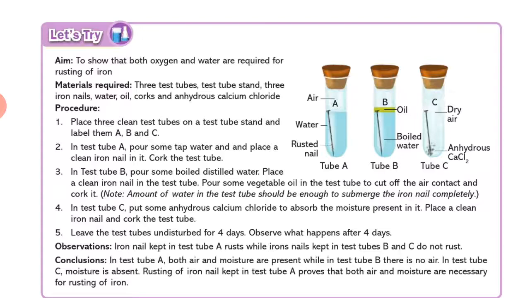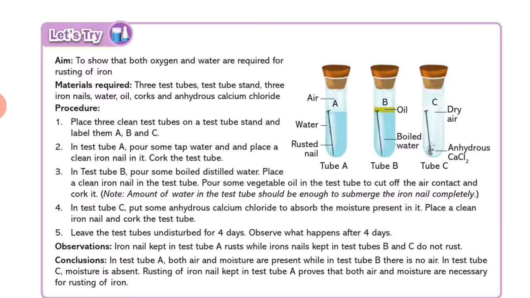Place 3 clean test tubes on the test tube stand and label them A, B, C. In test tube A, pour some tap water and place a clean iron nail in it. Cork the test tube. Cork means close the mouth of the test tube.